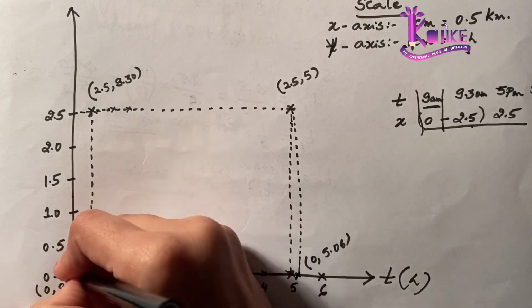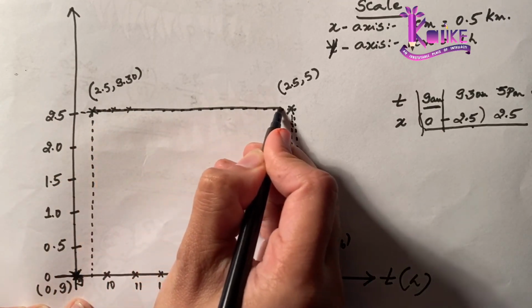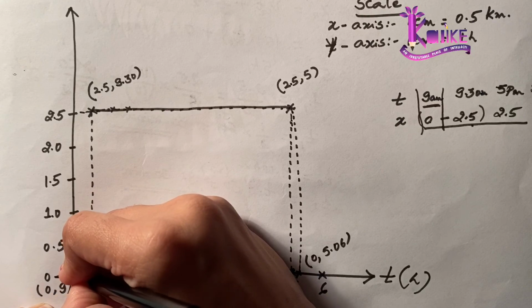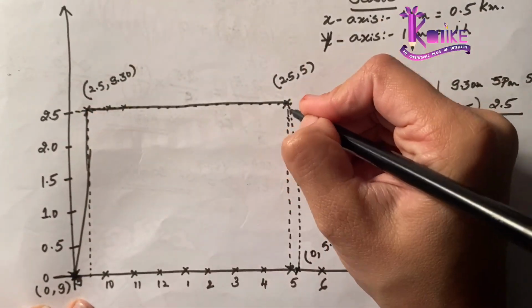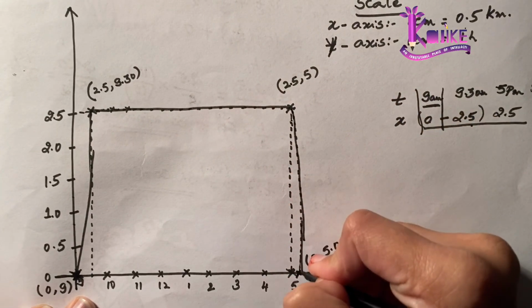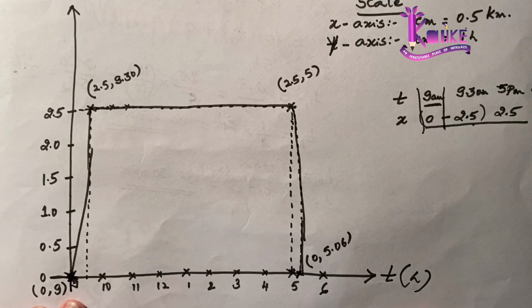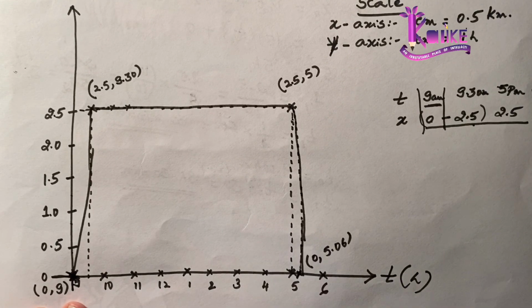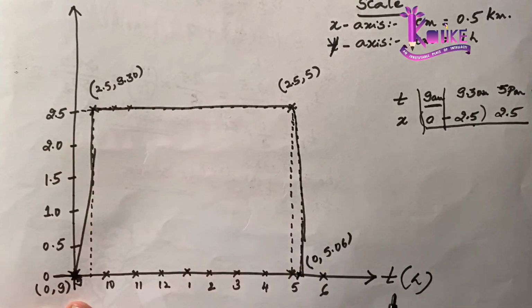Now, these can be shown by a straight line. So, this is her position. So, this becomes the graph. So, this is the graph for the given numerical, where x is in kilometers and time is in hours.